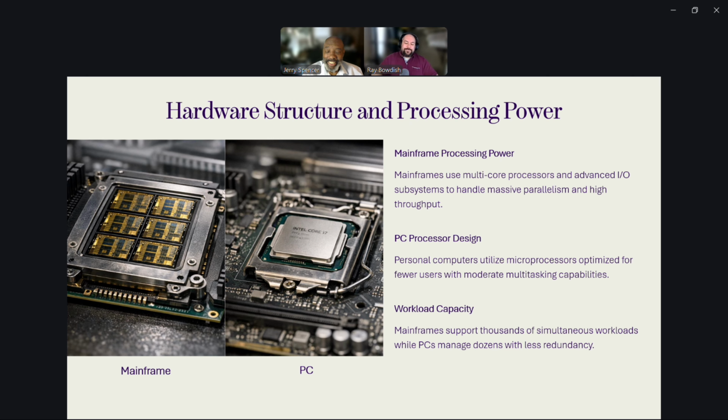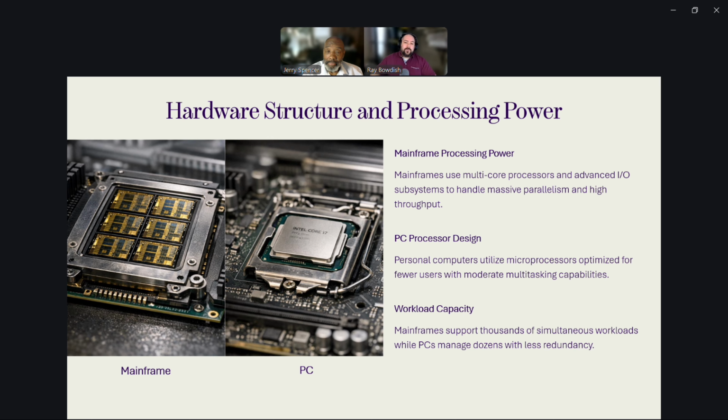In a mainframe, you're talking about a giant processor. It has a lot more on it than your average computer processor has. The CPU part of a mainframe is about the size of a fridge, a little bit bigger than your desktop computer.